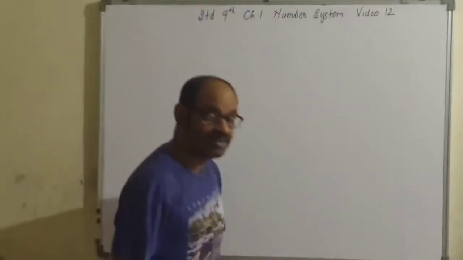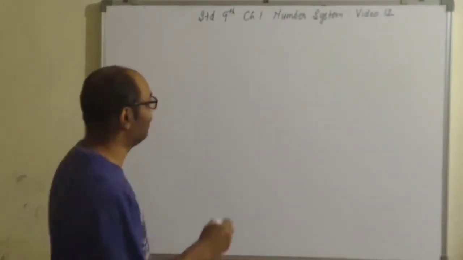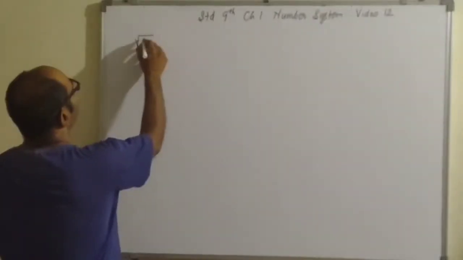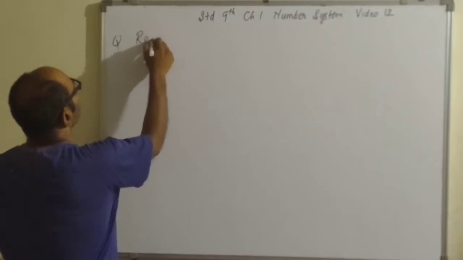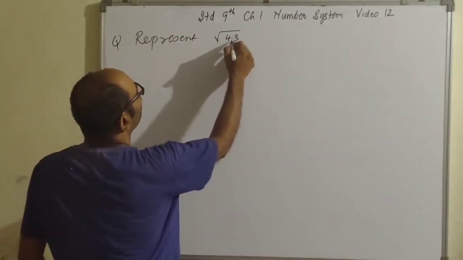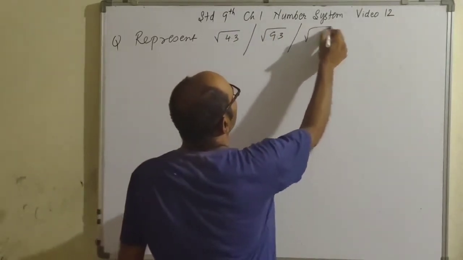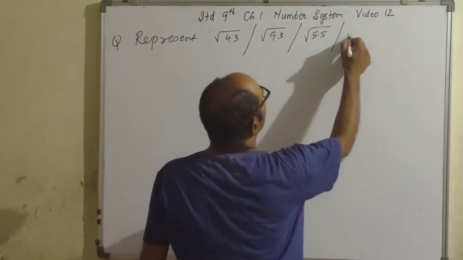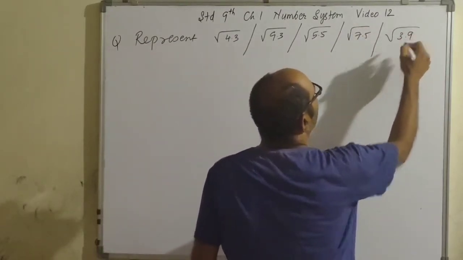Okay. Now, children, the concept is a little bit difficult, but the steps are very easy once you understand them. Suppose you want to represent, question, represent square root of 4.3 or square root of 9.3 or square root of 5.5 or square root of 7.5 or square root of 3.9.